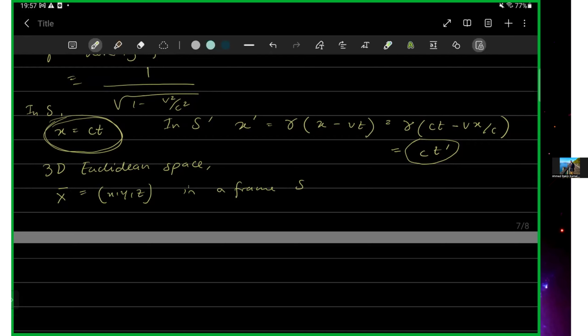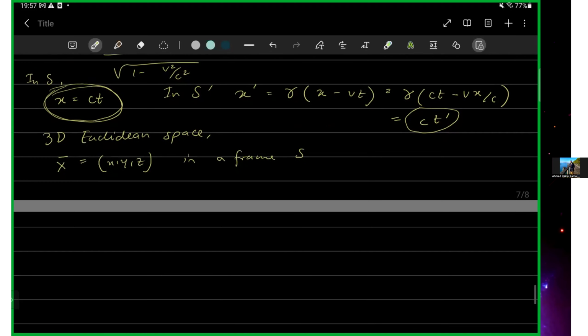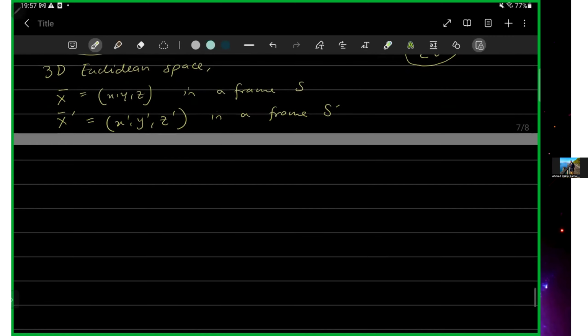Okay. So, like I was saying, if you have another frame, let's say S prime, for that frame we have coordinates denoted as x prime, y prime, and z prime. And this is in a frame S prime. Now, you can relate both x and x prime, and let's say there has been a rotation between S and S prime.